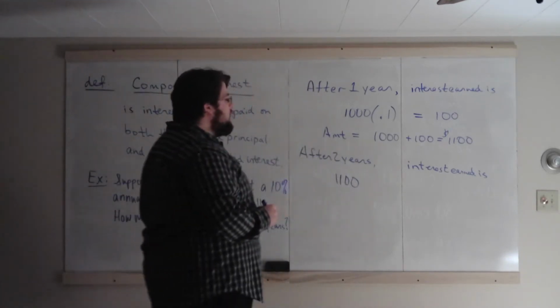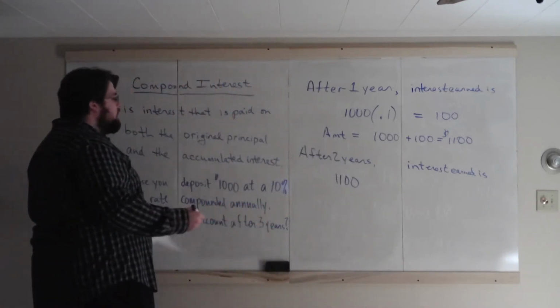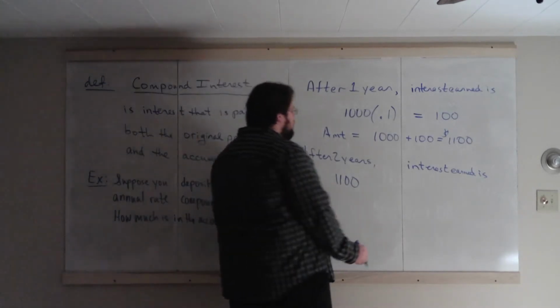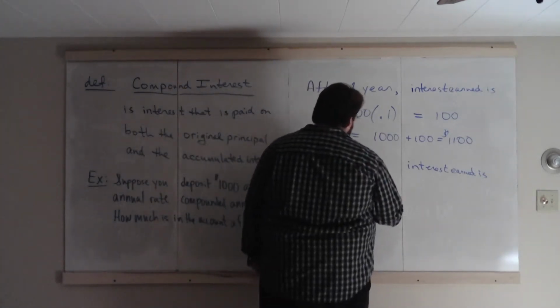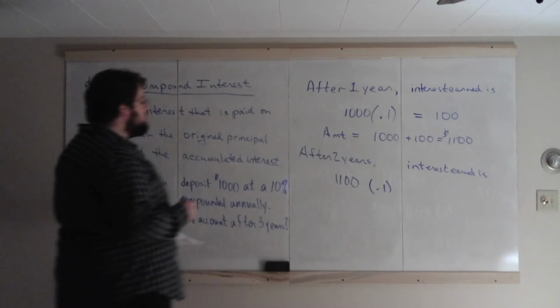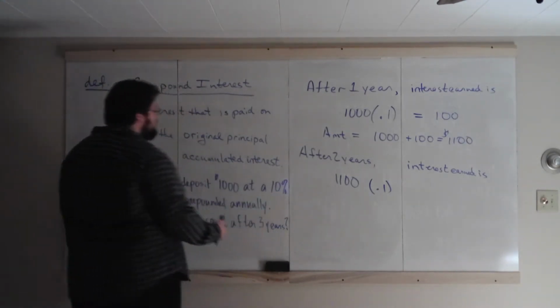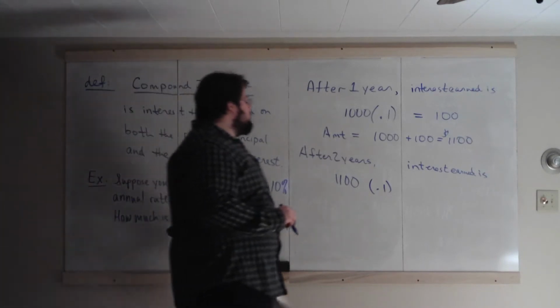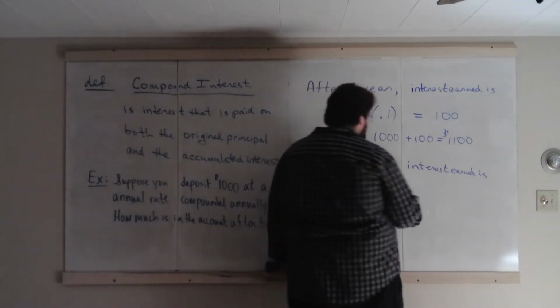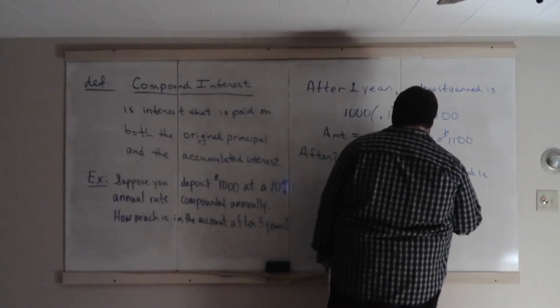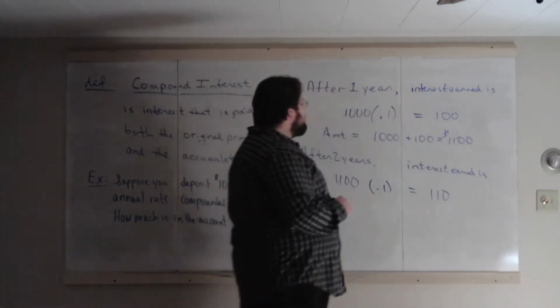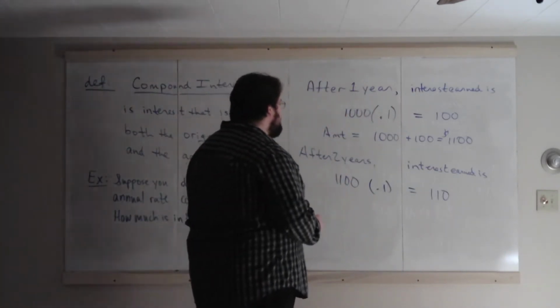So at the beginning of year 2, you have $1,100, and it earns interest still at 10%. The interest rate isn't going to change in the next year. It's still 10%, but it's earning on $1,100 this time. So right there in year 2, you earn $110.